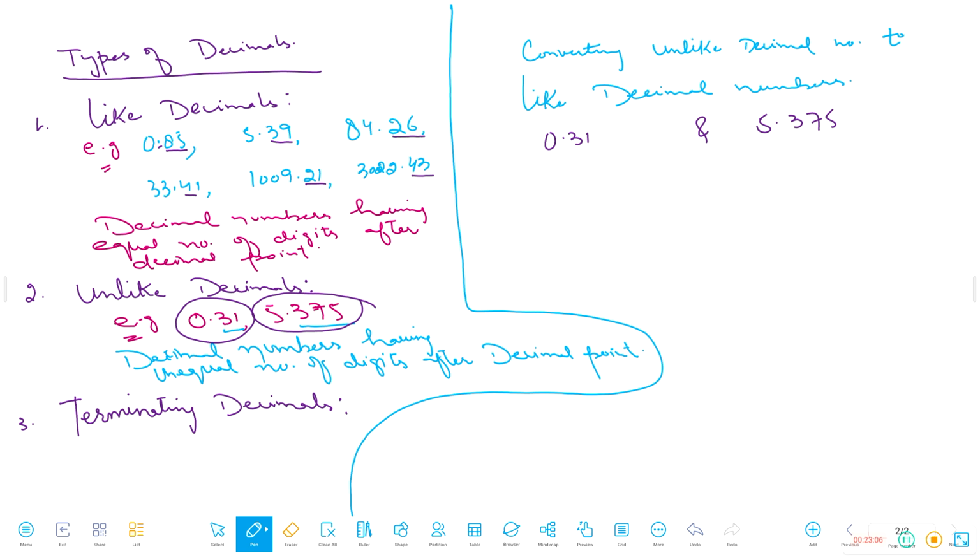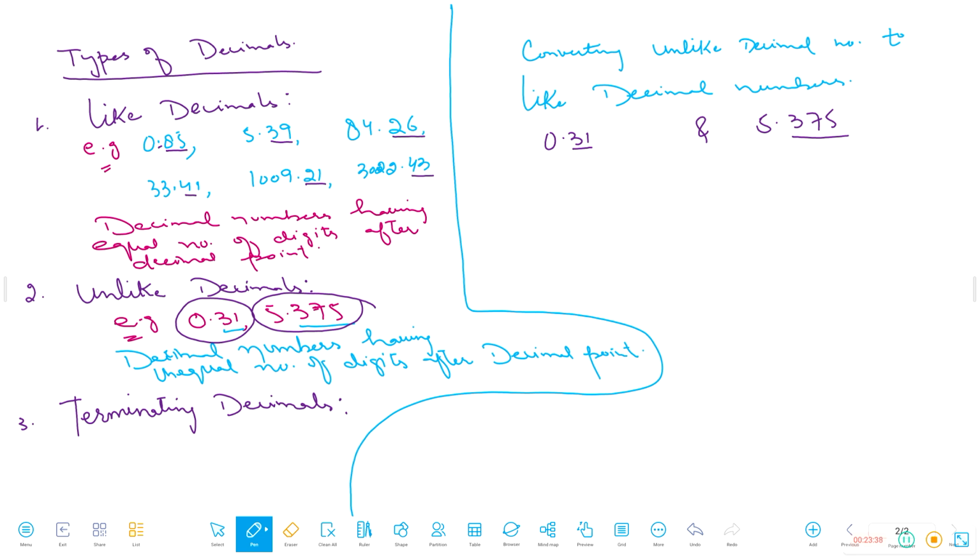How? You have to first see, you do not focus on the whole part. Whole part से कुछ लेना देना नहीं. All you have to focus on is the decimal part. How many digits does the first decimal number contain in the decimal part? 2. Here there are 3 digits. Now you have to convert the number that contains least digits in the decimal part into the number that contains maximum digits in the decimal part.